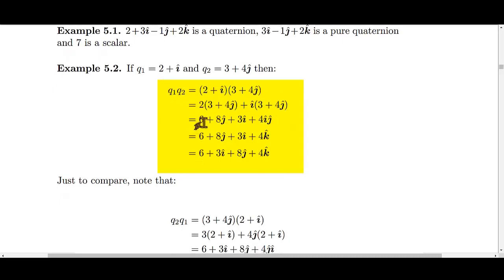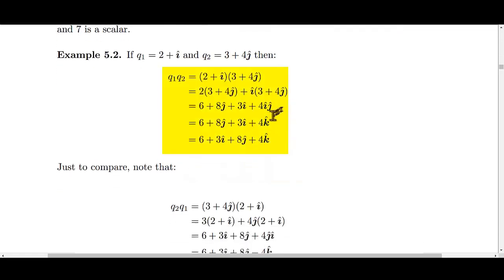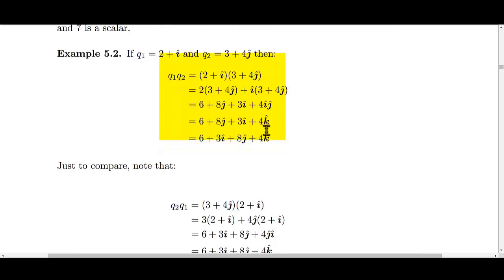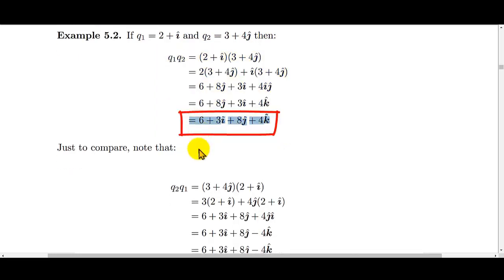Then 2 times 3 is 6, 2 times 4j is 8j. i times 3 is 3i, and i times 4j is 4ij. As we learned before, ij is equal to k, so we have this last expression.